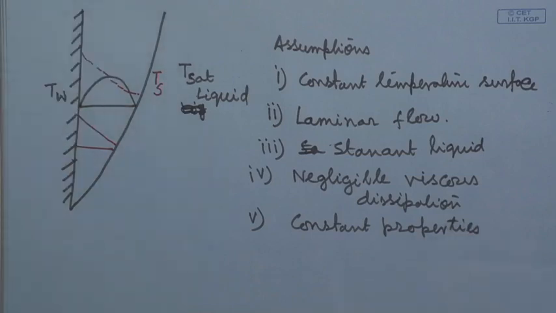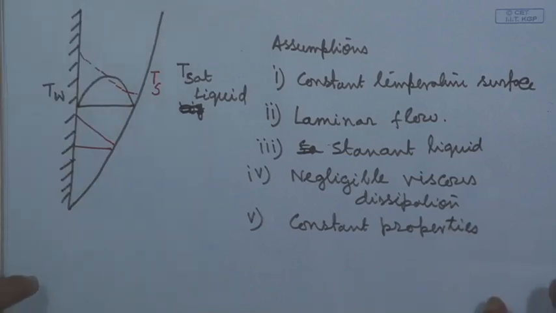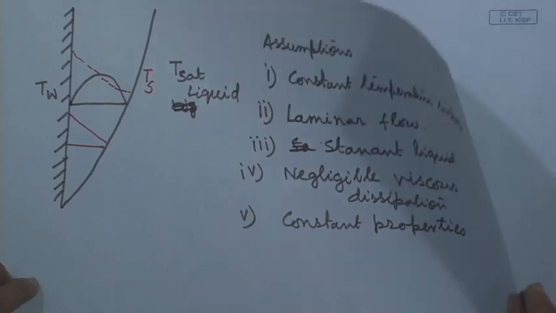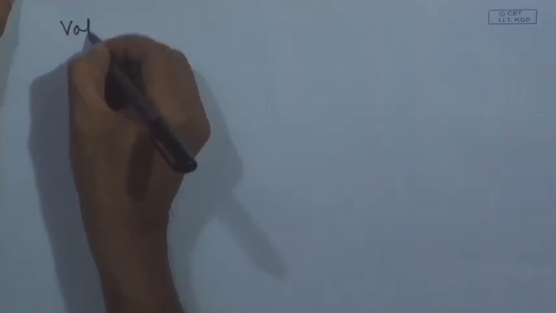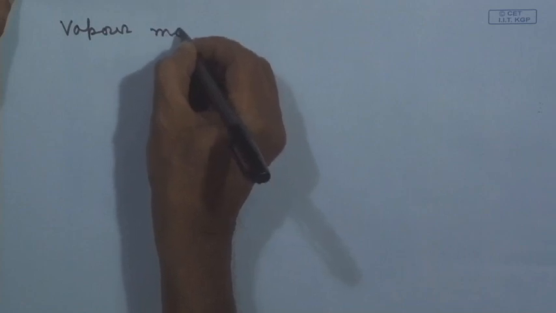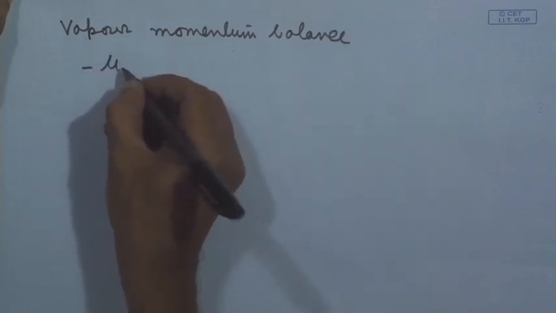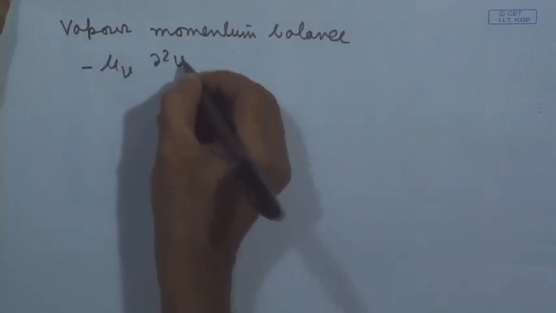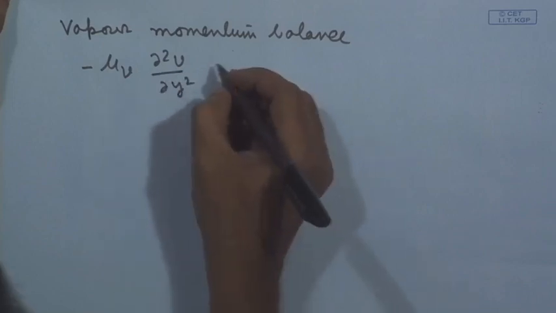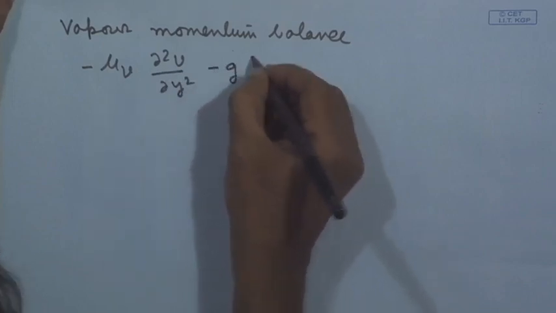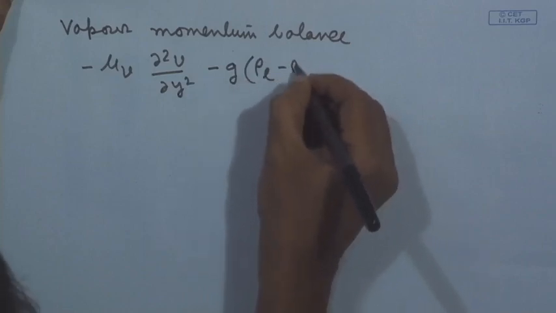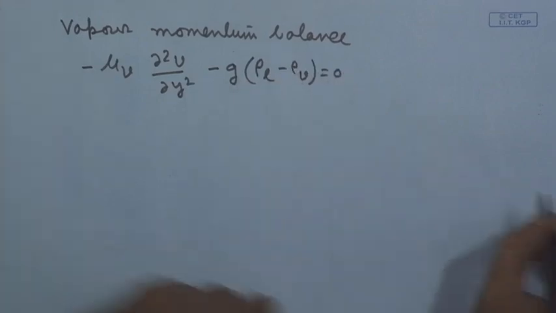So, if we make all these assumptions, based on these assumptions we can write the momentum balance for the vapor phase. If we write the vapor momentum balance, we will have mu v d2v/dy2 minus g (rho L minus rho v) is equal to 0.